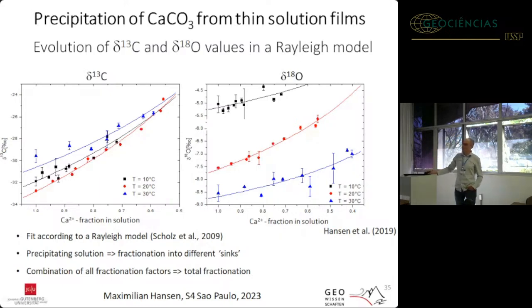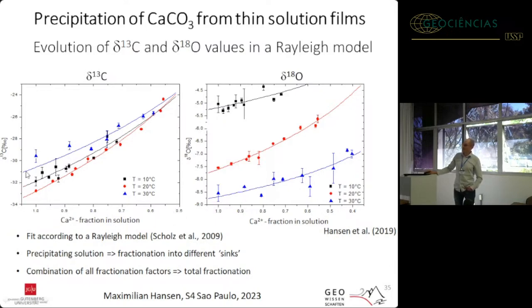Here would be the initial state of the solution, where there's still 100% of calcium ions from the initial solution present, and then it starts to precipitate and you get removal of calcium ions from the solution. So over here you only have 50% of the initial calcium concentration.